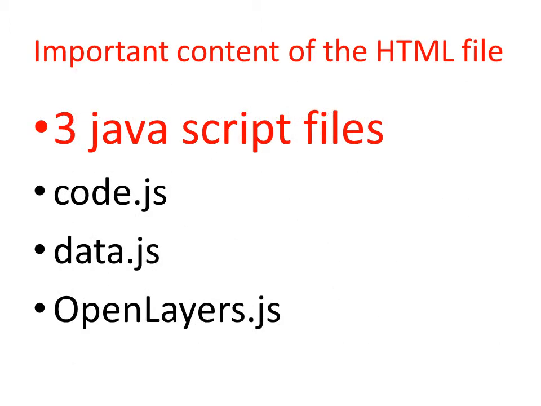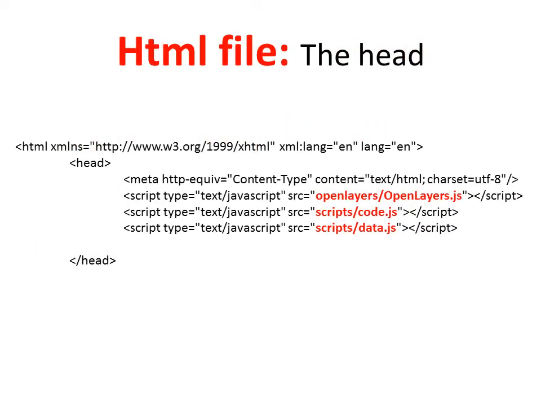The content in the HTML file are the code, scripts, data scripts, and the OpenLayers JavaScript. This is how the HTML file head looks like, and you will see the three files of JavaScript referred to in the head.